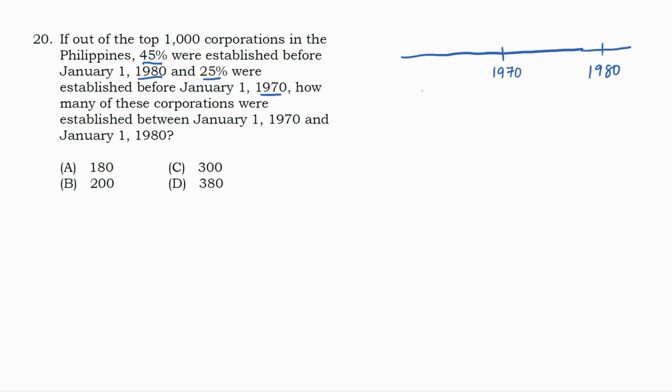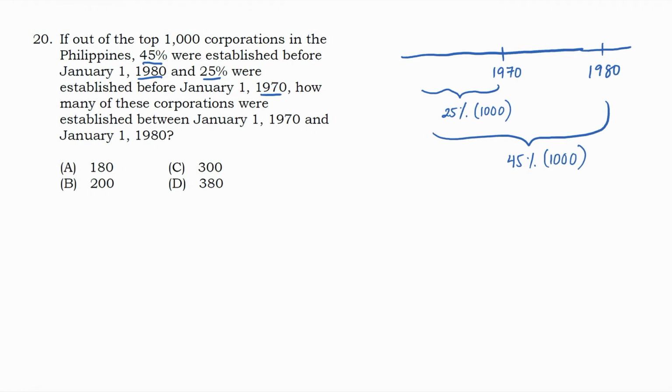Okay, so before 1970 daw, yung na-establish is 25% ng 1,000 corporations. And then, before 1980, yung na-establish is 45% ng top 1,000 corporations.